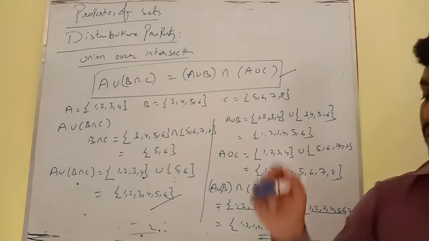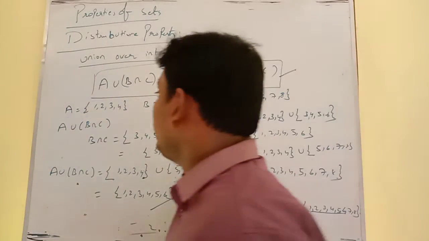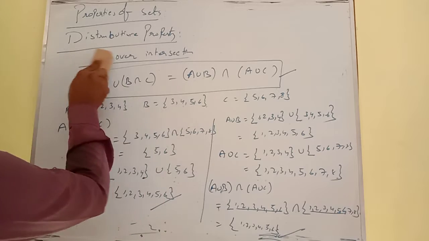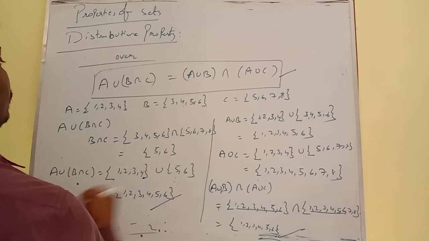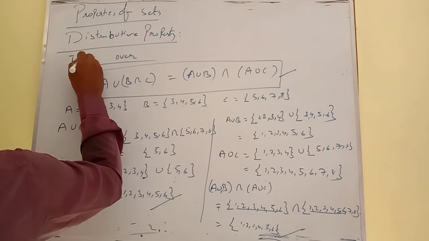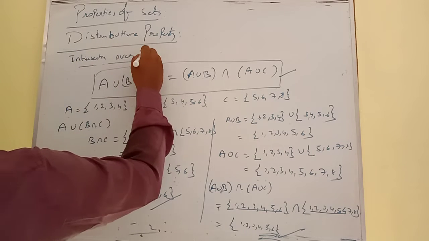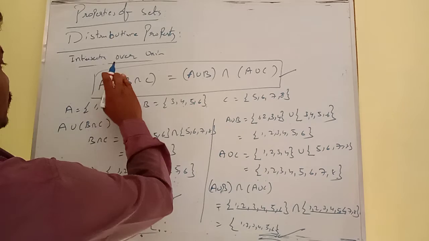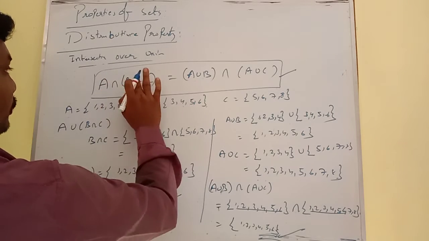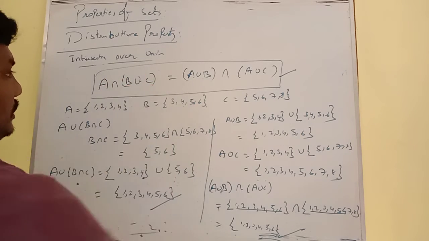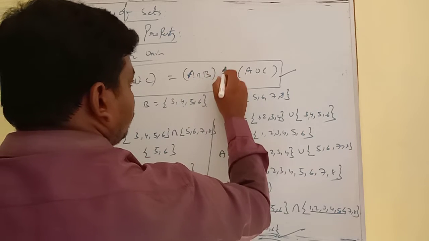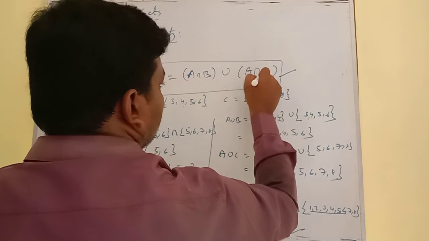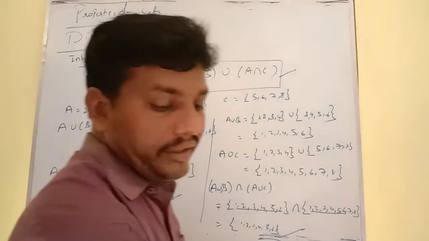This is union over intersection. Later we have to discuss intersection over union. Both you have to change, in the place of union put intersection and in the place of intersection put union. If you change union and intersection, this formula is verified.